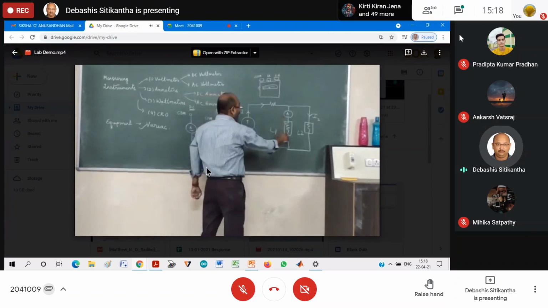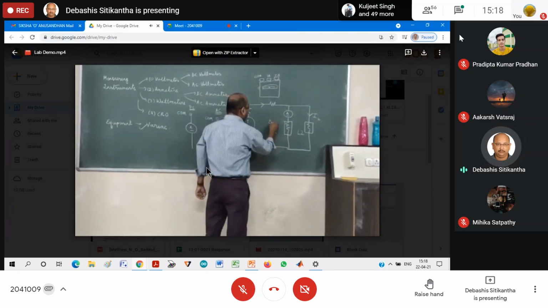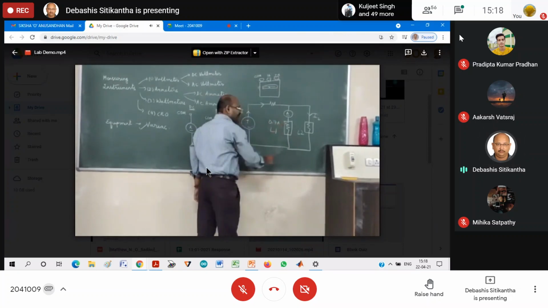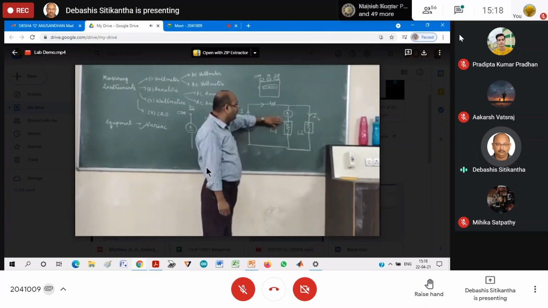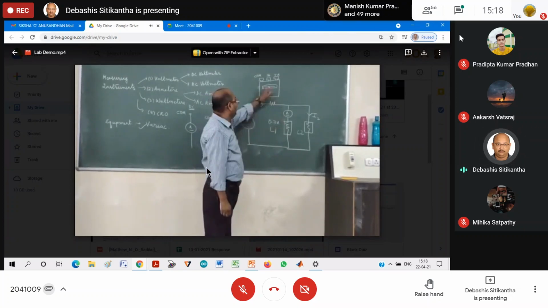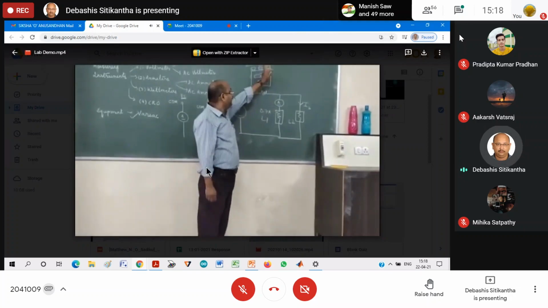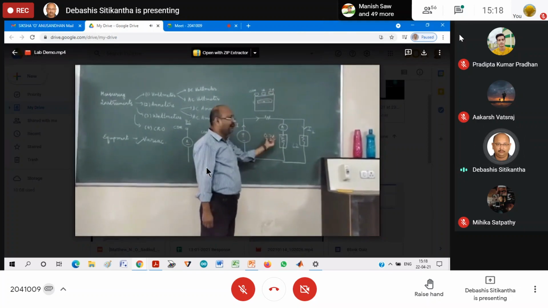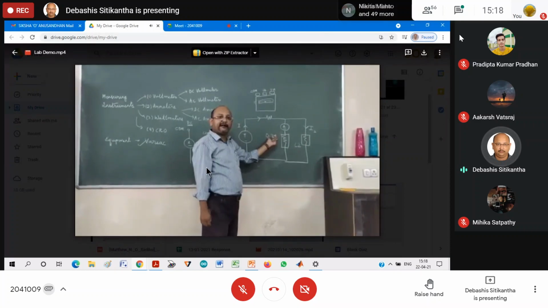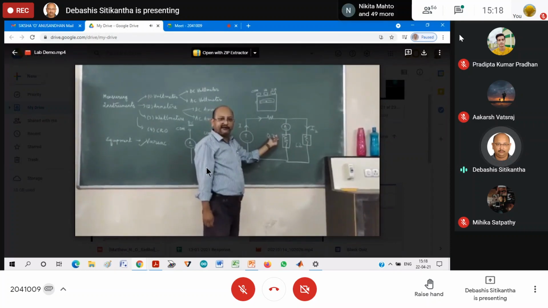Suppose the current drawn is equal to 0.7 amps. Still, since we don't know how much current it is drawing, we definitely connect it to 0 and 5 ampere. Even at this 5 ampere, it is going to show the 0.7 ampere correctly, but with a lesser resolution.